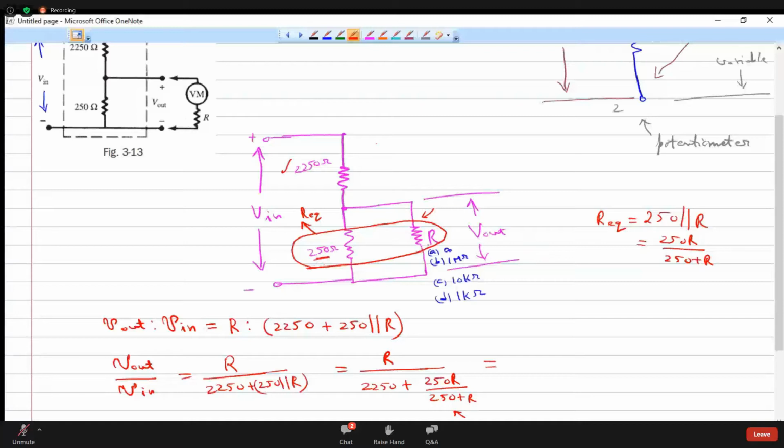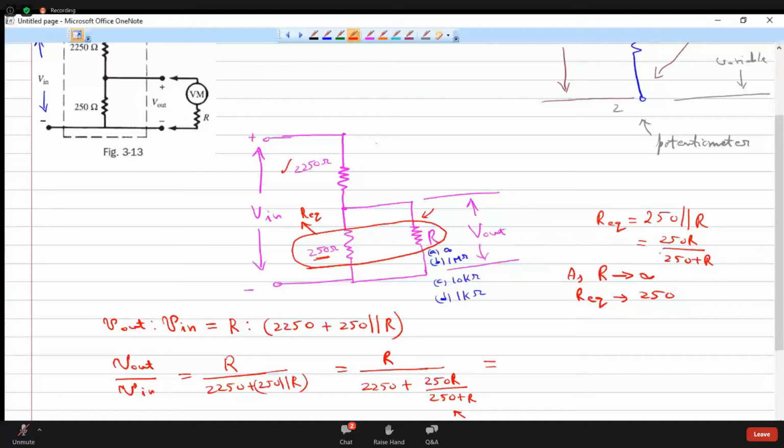So 250 is very small compared to infinity, so the gap is too high. So as R tends to infinity, R equivalent will tend to 250, right?